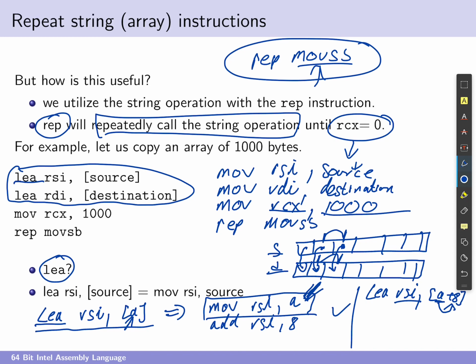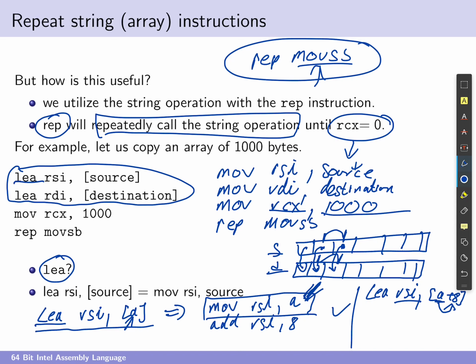You can also do the same thing with our trick before, where we're looping through an array. I could, for example, have A plus 8 times RCX, and I'd be able to copy that into RSI. So for the moment, you can probably get away with not having to use LEA, but as we proceed, it becomes very much a necessary evil, particularly when we start talking about 2D arrays and things like that. It makes your life much easier to use load effective address.